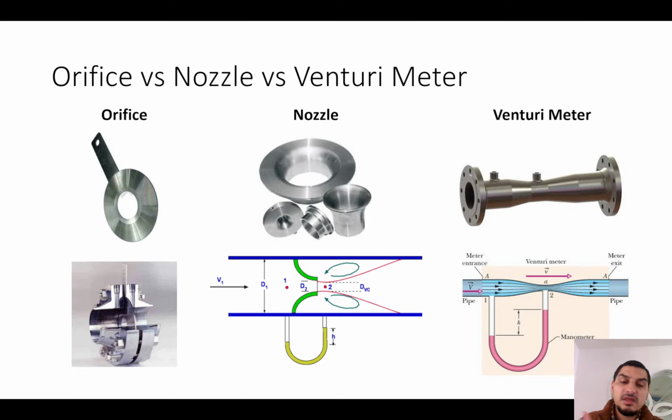One more thing that I didn't mention before about the coefficient of discharge. In the Venturi meter, we are measuring the pressure drop actually at this area and this area. Okay, so when we say C_D A naught times u2, this is the actual area that we are measuring. In this nozzle, we are not measuring the velocity at the actual cross-section area.